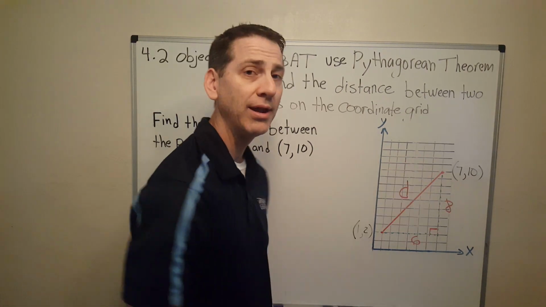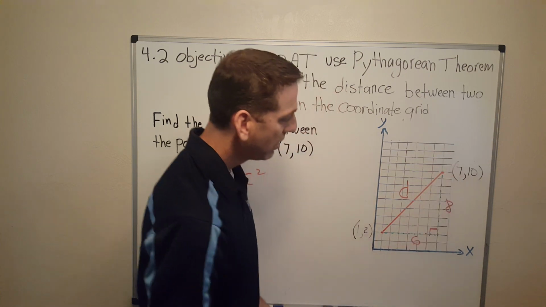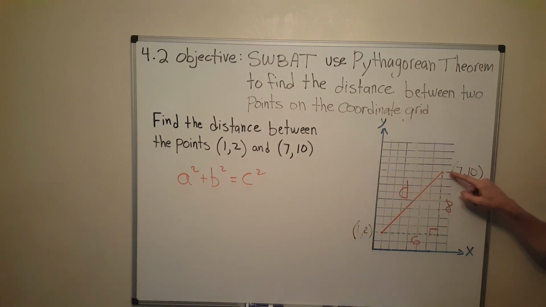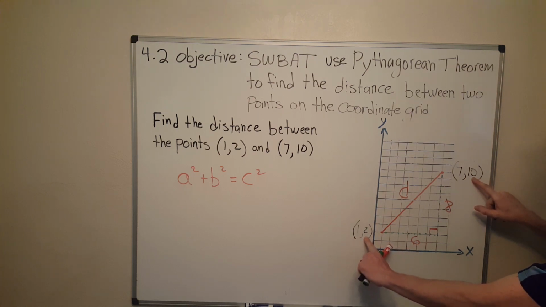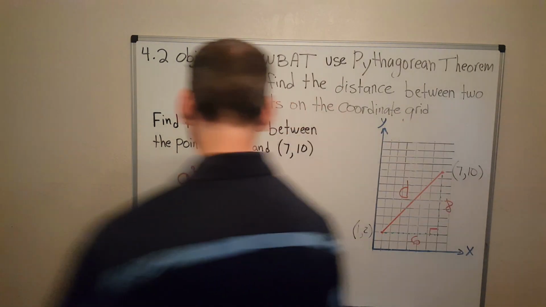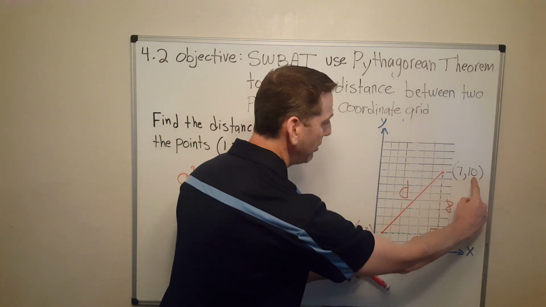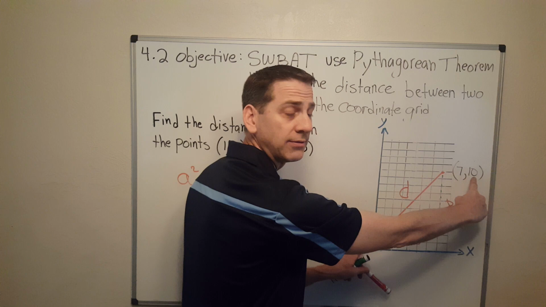We can do the same thing here. Let's first look at the height. What is the height of this point? The height of this point is 10. What's the height of this point? 2. So what's 10 minus 2? 8. So I can find a by simply subtracting the 2 y coordinates.